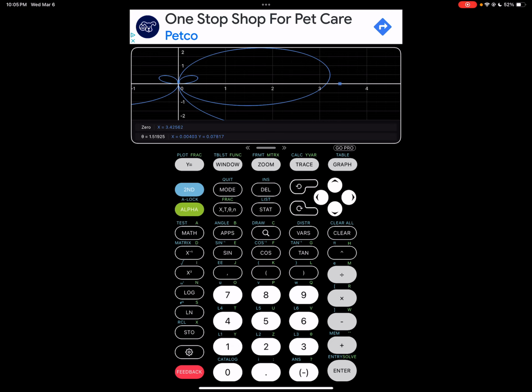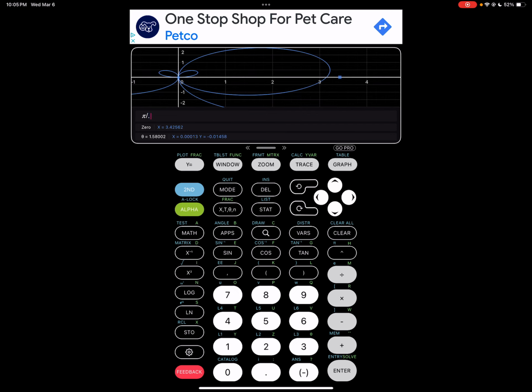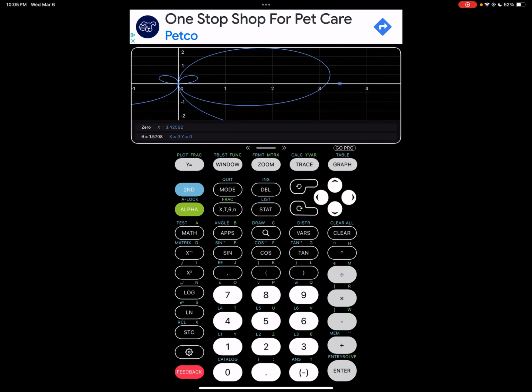And then it stops essentially right here, so about 1.58. And hopefully you guys know that 1.58 is equivalent to pi over 2-ish. So if I were to do pi over 2, notice how that's going to give me 0, 0.